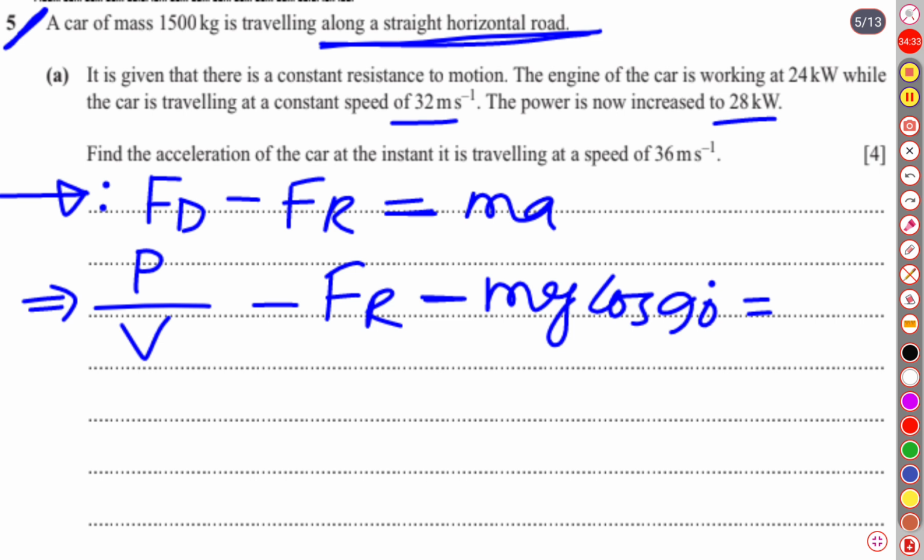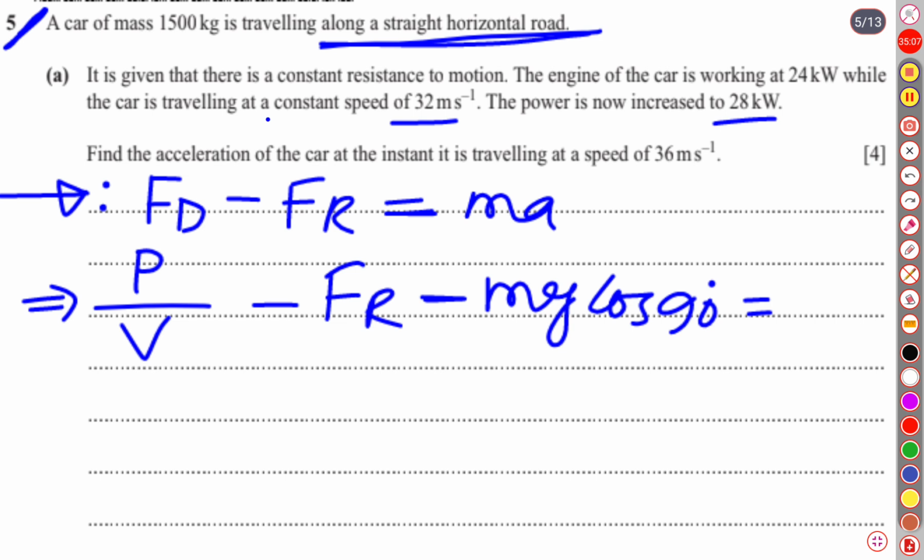So please don't get confused that sometimes we apply weight, sometimes we don't. Actually that is not the fact. The fact is every time we use the weight, sometimes as driving force, sometimes as resistance to motion. So this time we are using it as resistance to motion. And mass into acceleration is zero because it is traveling at a constant speed.